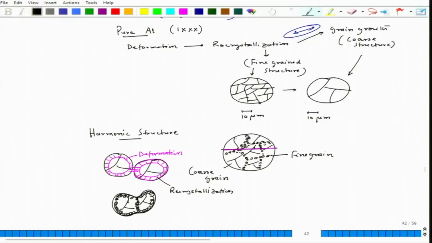This is actually coming within that segment where we have a mixture of fine and coarse grain. And in fact, it has been noticed that for stainless steel, if you consider 304 or 316, tests have shown that because of this particular structure, its corrosion resistance improves in 3.5% NaCl solution. In fact, when we have this harmonic structure, it gives you a good degree of corrosion protection.